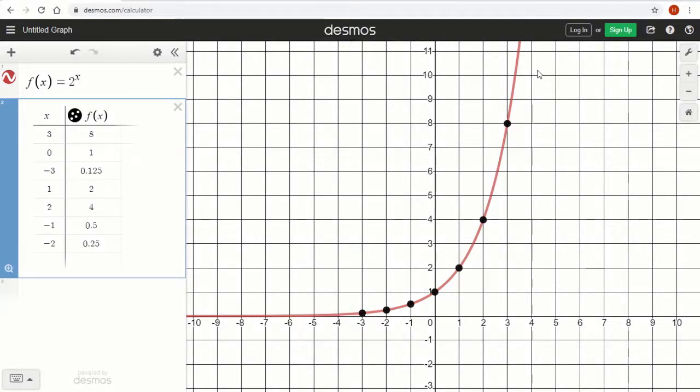And for now, we are particularly studying the graph of the exponential function 2 to the x, where our base of this exponential function here is a value that is positive, of course, but also greater than 1.